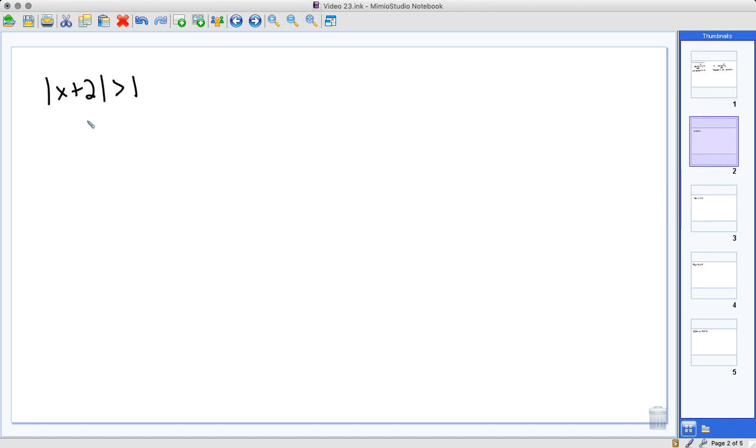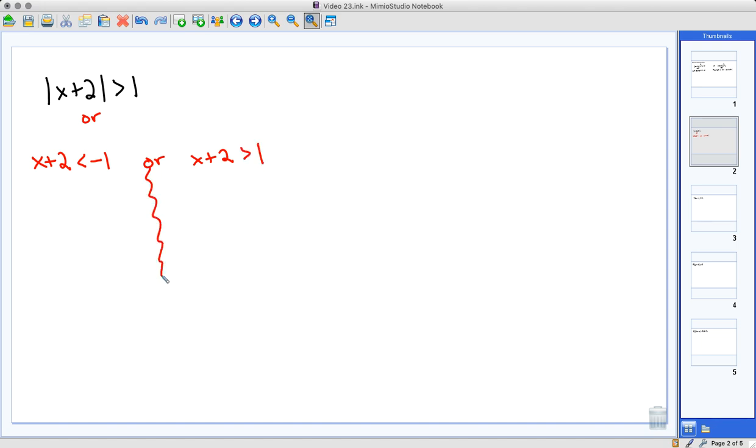All right, so we've got absolute value of x plus 2 is greater than 1. The first thing I want you to decide is, is this an and problem? Is this an or problem? Based off of what we wrote on the last slide, this is an or problem. So I'm going to set it up: x plus 2 less than negative 1, or x plus 2 is greater than 1.